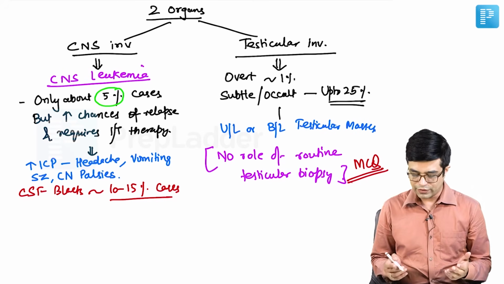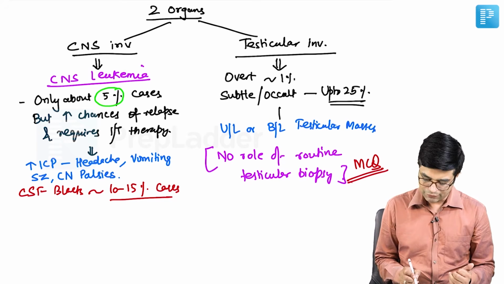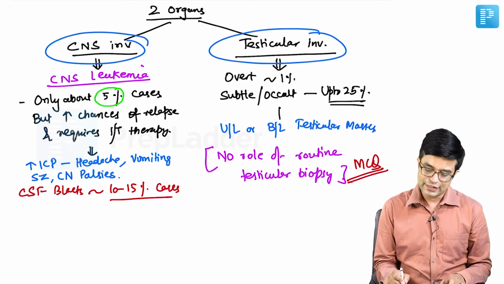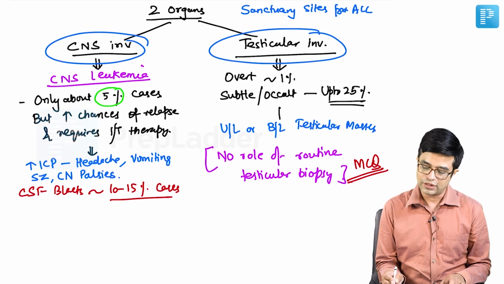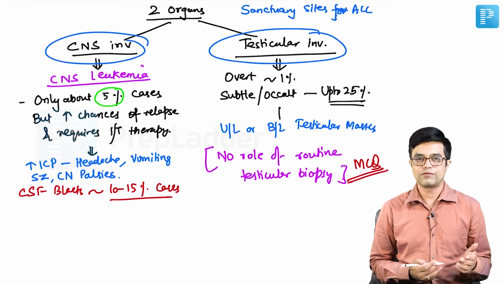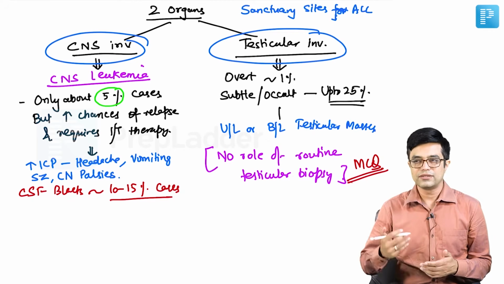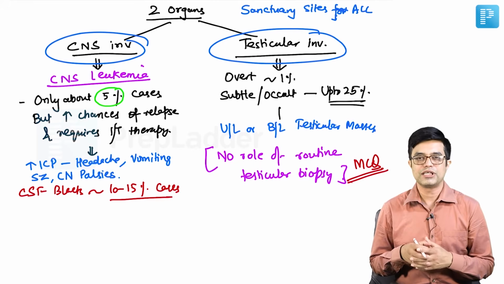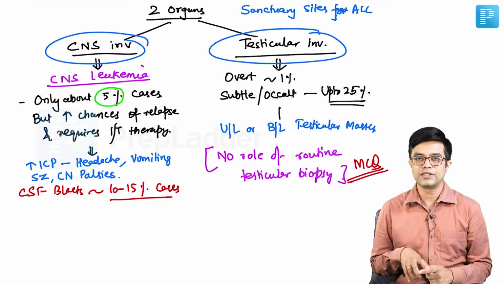And there is an often crude saying that CNS involvement as well as testicular involvement are called sanctuary sites for ALL. What are sanctuary sites? Sanctuary, like we have sanctuaries for tigers. So those are tiger reserves, where the tigers are well protected from the normal predators, normal poachers, etc. So those are specific areas which are meant for the protection of the tiger.